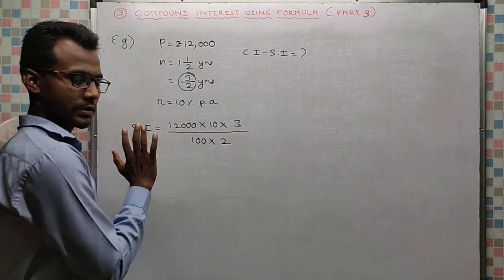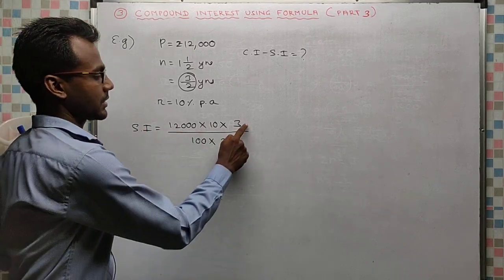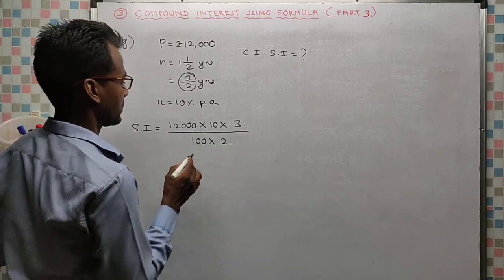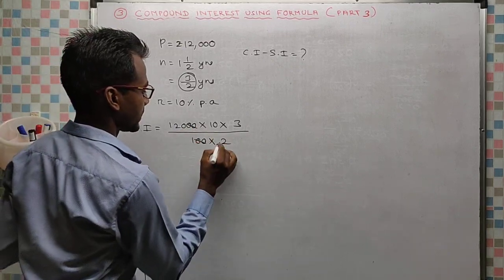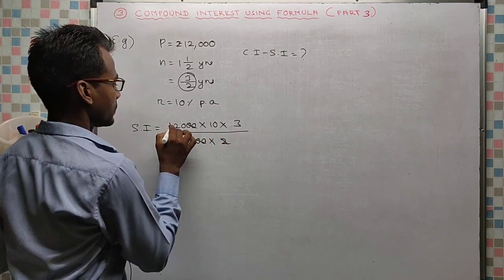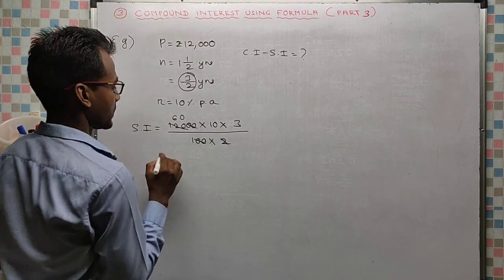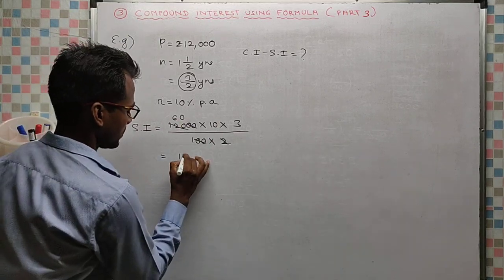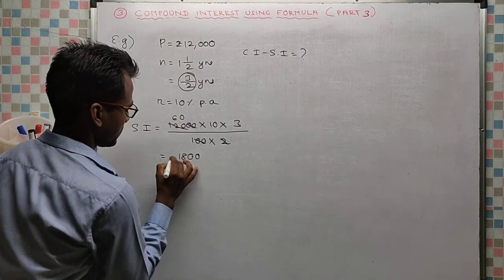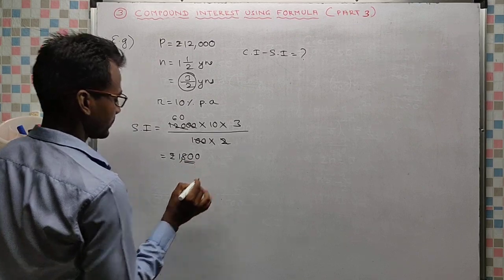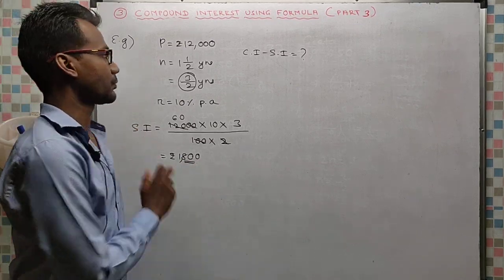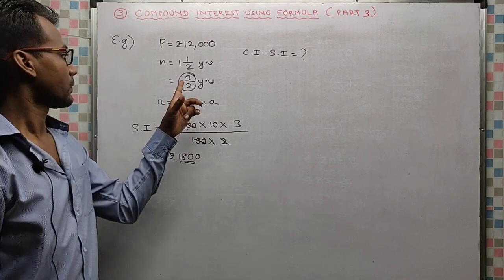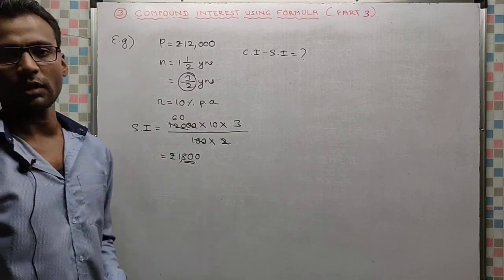Let us simplify this. 00 cancel. 2 into 60 is 120. 6 into 3 is 18. The simple interest on rupees 12,000 at the rate of 10% for 1.5 years is rupees 1,800.